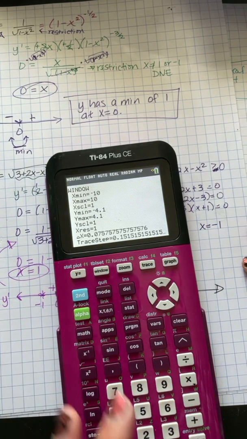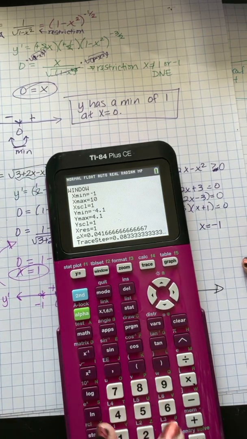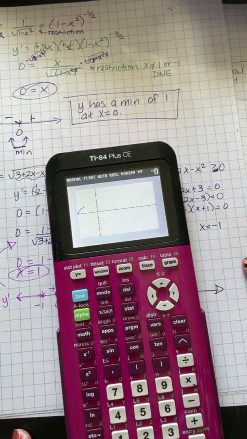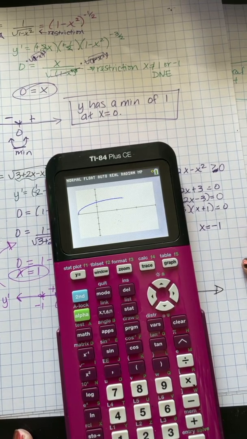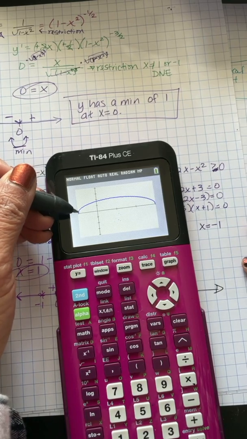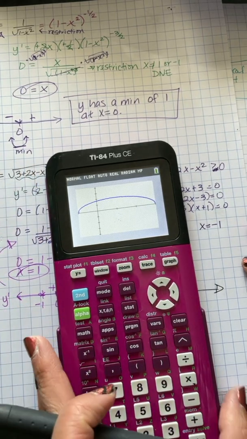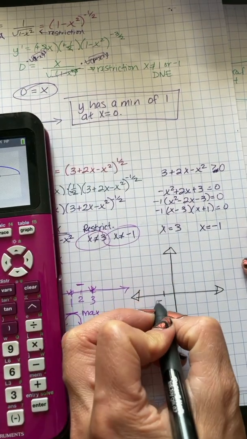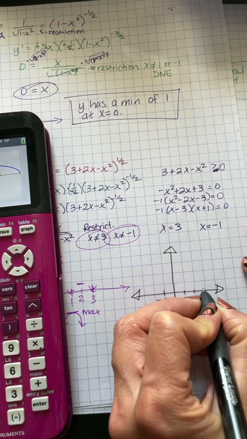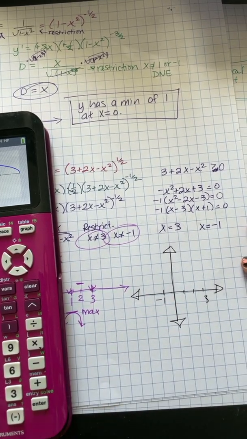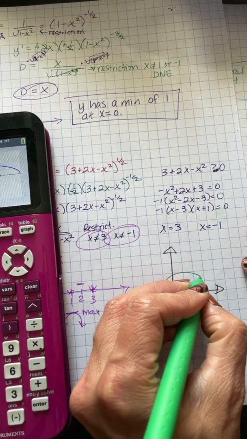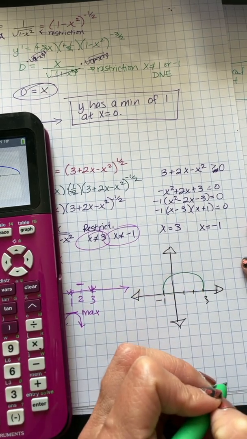All right, let's change the window. Let's go from negative 1 to 3. Let's get a closer snapshot of this. Oh, it does that vertical tangent thing. So it comes down and it's flat on the sides. Okay, so at negative 1 and positive 3, it's kind of flat on the sides.